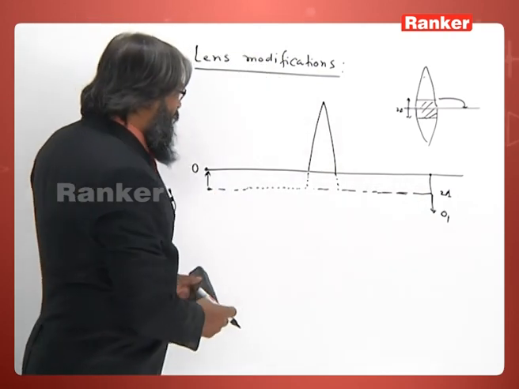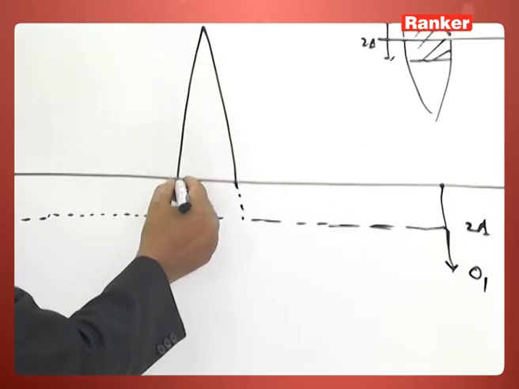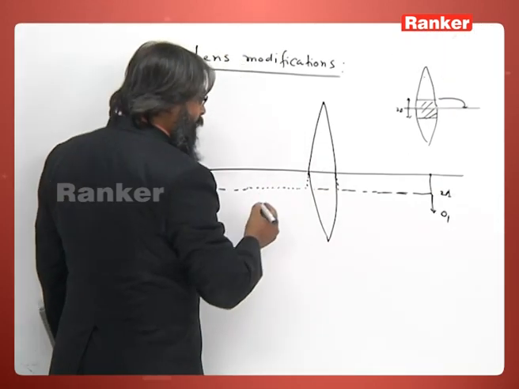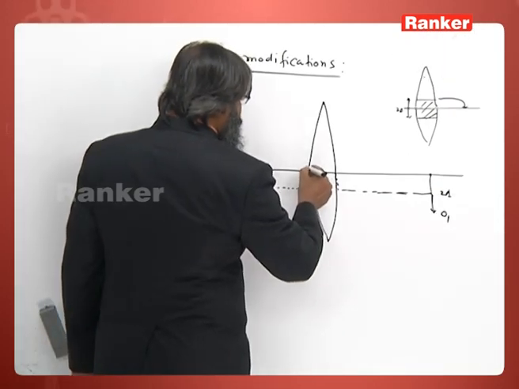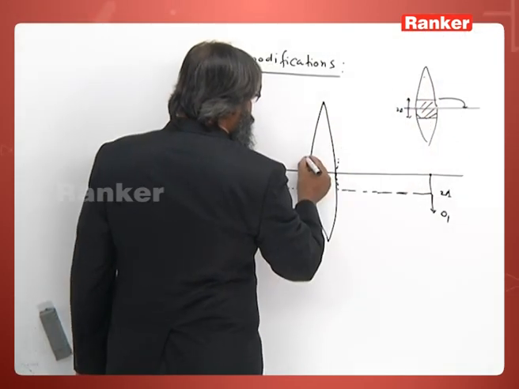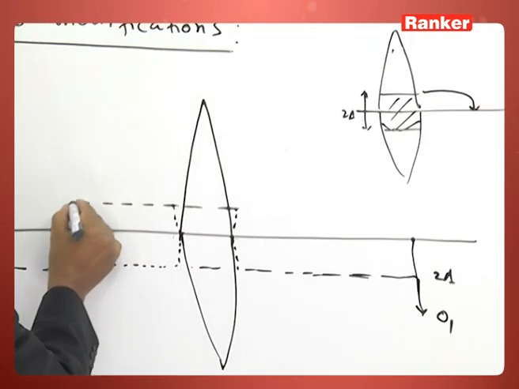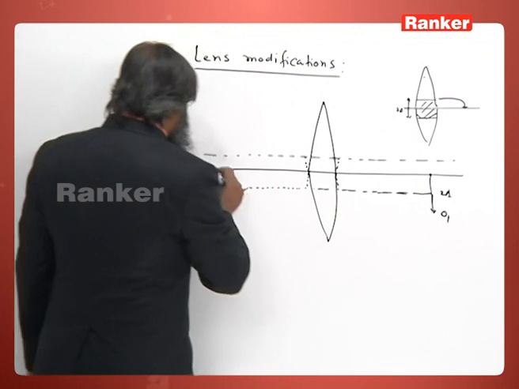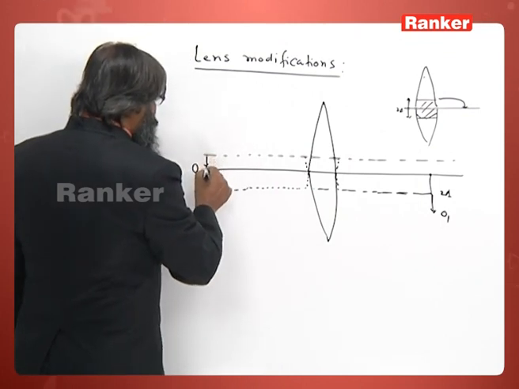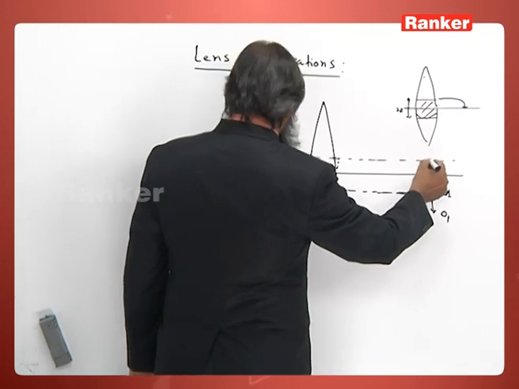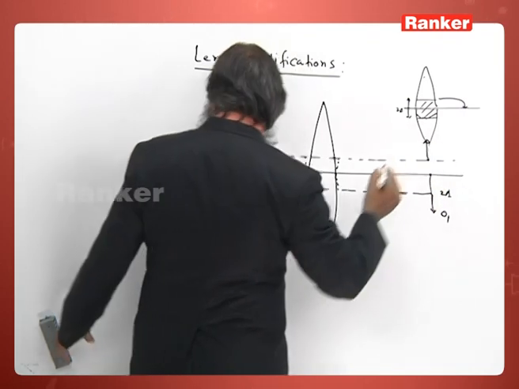Now, let us consider this lower part. So, this is the lower part. If I complete this portion, then you just imagine that this is the optic axis of this lower half and the point object is here. So, its image will be formed above it like this.